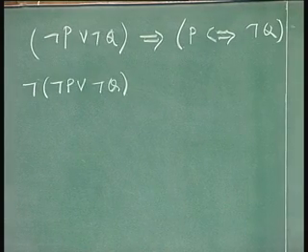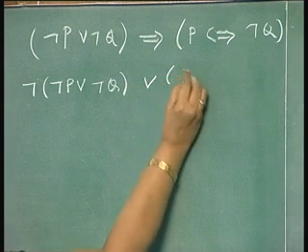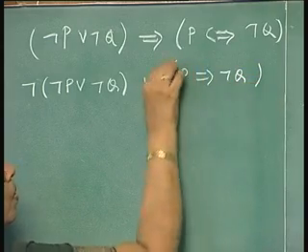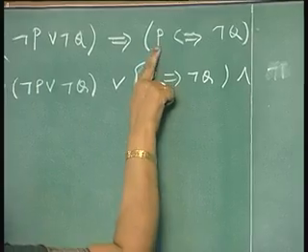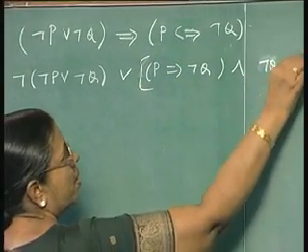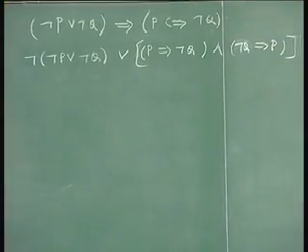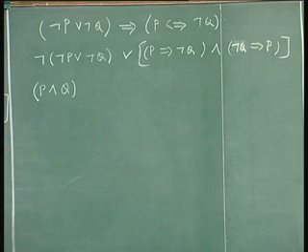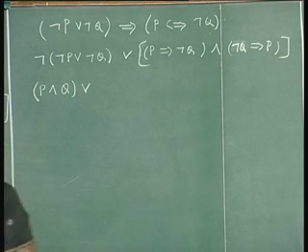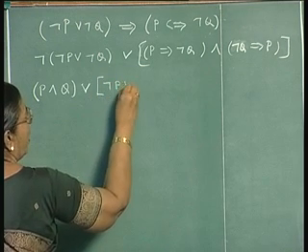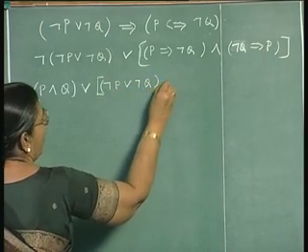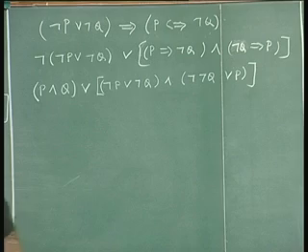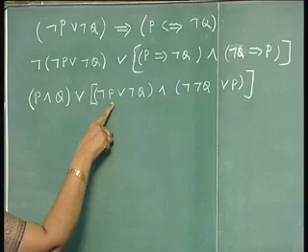P implies Q can be written as not P or Q. So, not of this, or this one you can write as P implies not Q and not P, P implies Q and Q implies P. So, not Q implies, using De Morgan's laws, this will become P and Q or not P or not Q and not of Q or P. Here again I am using the rule P implies Q is not P or Q, and same rule here.